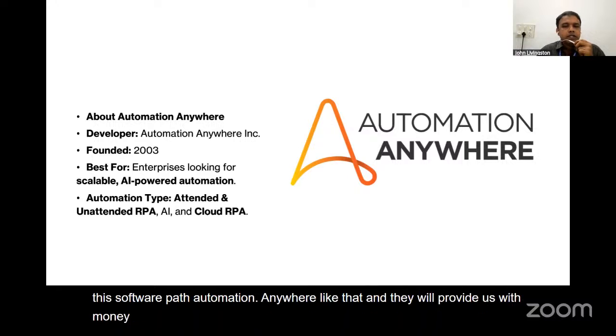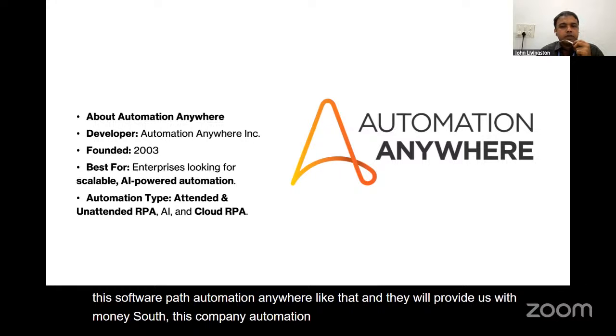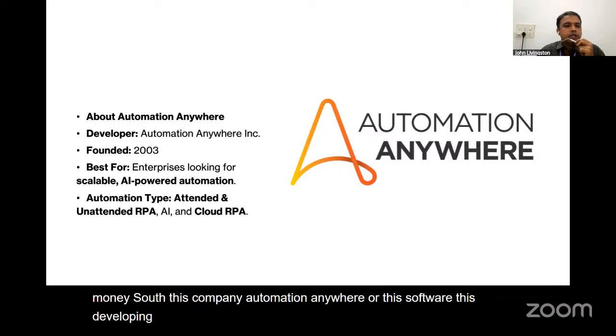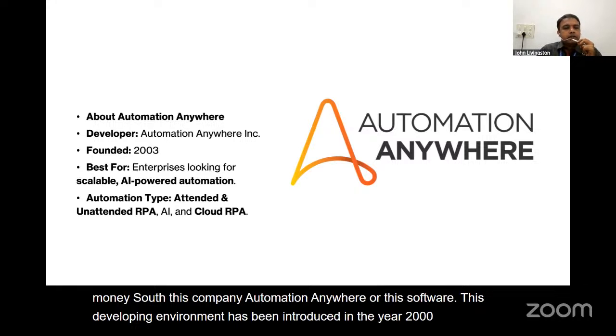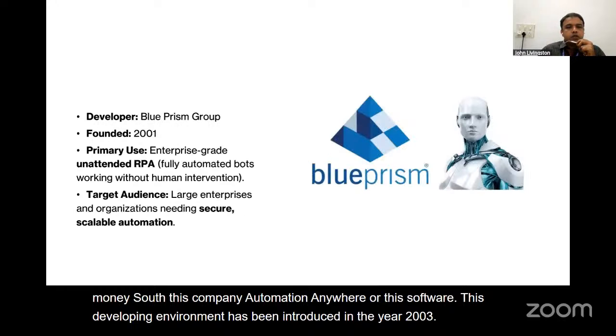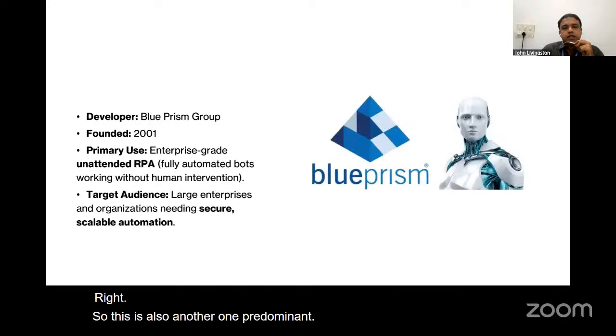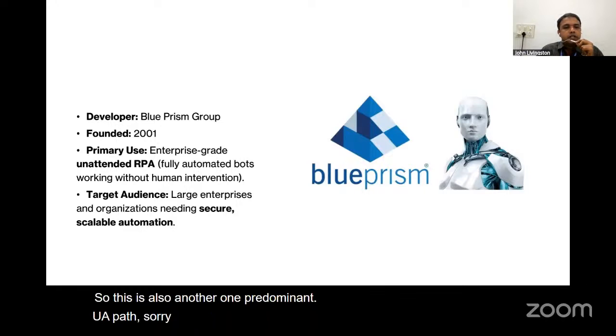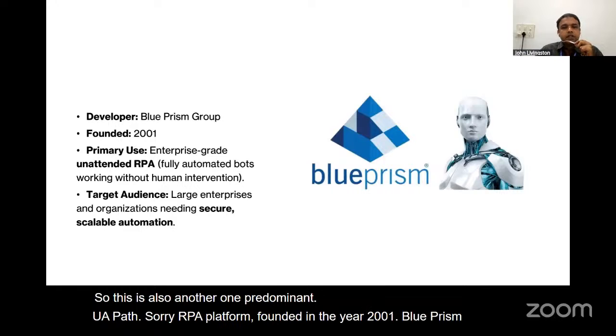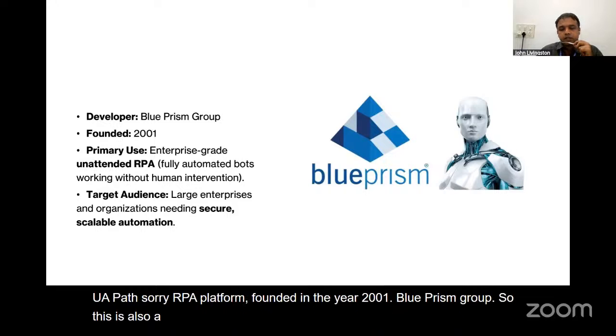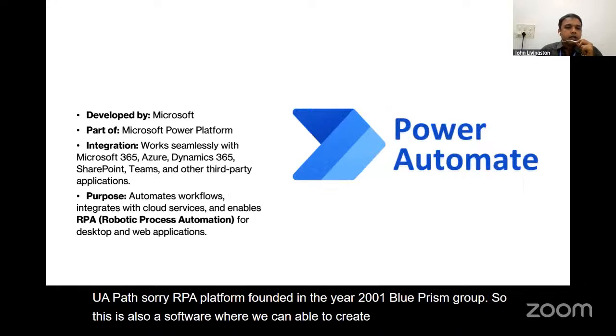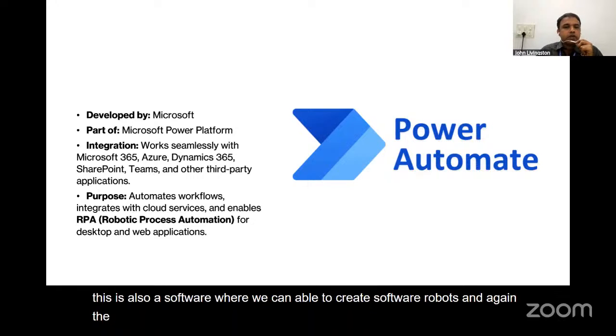Automation Anywhere, this developing environment, was introduced in the year 2003, right? This is another predominant RPA platform, Blue Prism, founded in the year 2001. This is also a software where we are able to create software robots. And again, the giant Microsoft.